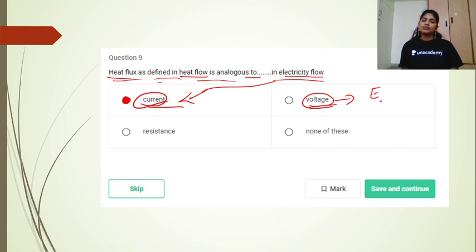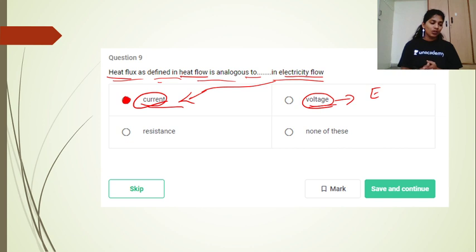Let me just remember the formula. In electricity flow, V is equal to IR. Not this.